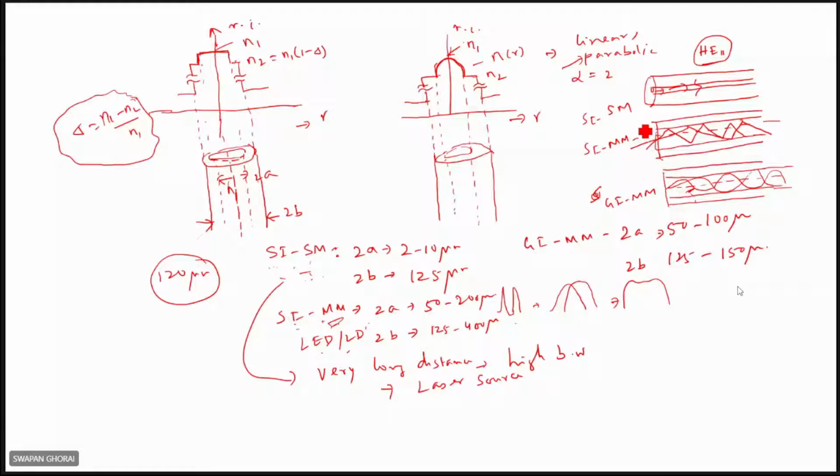Maximum bandwidth you can have in SI-SM fibers, and in MM fibers you can have moderate bandwidth, but GI-MM fiber bandwidth is more than SI-MM. That's why in metropolitan cities GI-MM fibers are used, where bandwidth is large, and you can use any type of source because of these multimode natures, right?